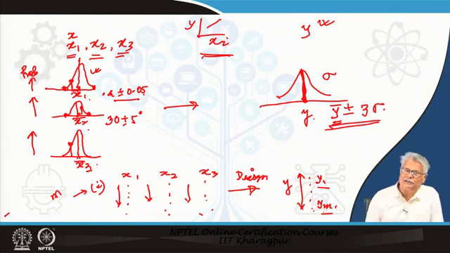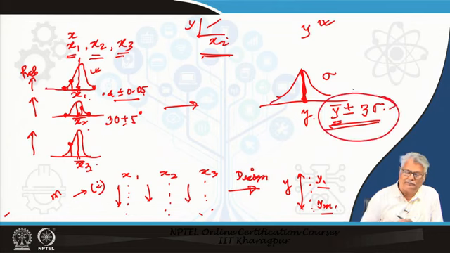And here there is one thing very specific. If you are considering a normal distribution, 99.7 percent of your values of y will lie between y bar plus minus 3 sigma.